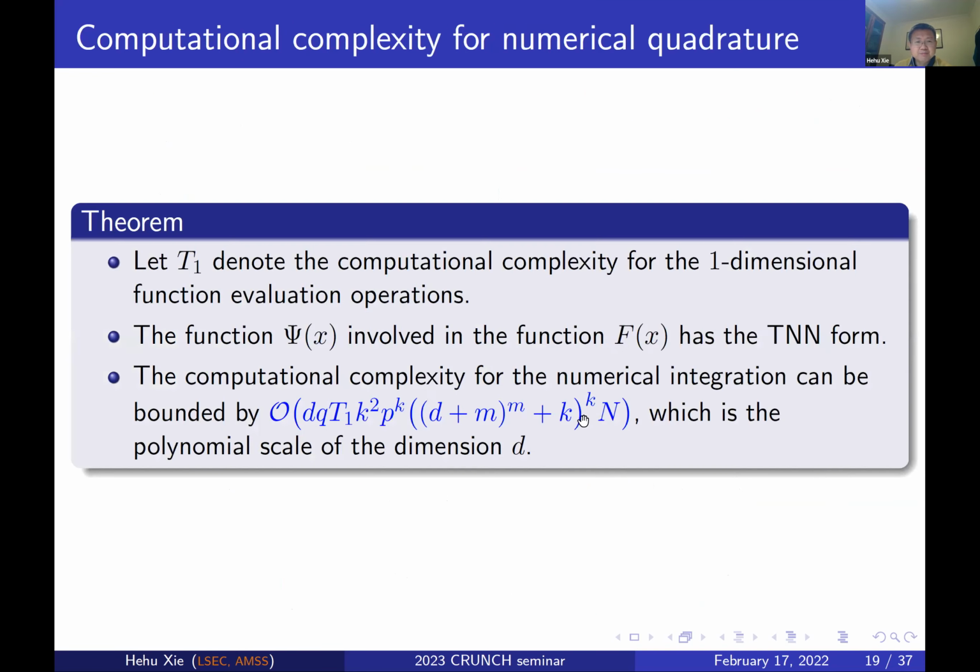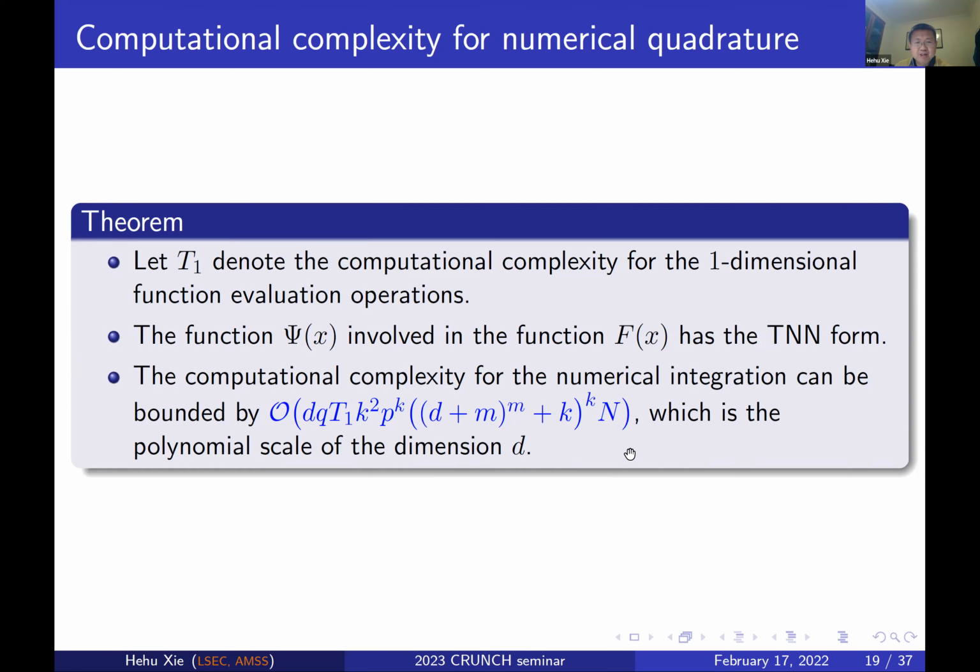So I would like to introduce the computational complexity for the high-dimensional integration. This is a TNN for the high dimension, for the dimension of D. So this is the estimate for the computational complexity for the numerical integration.